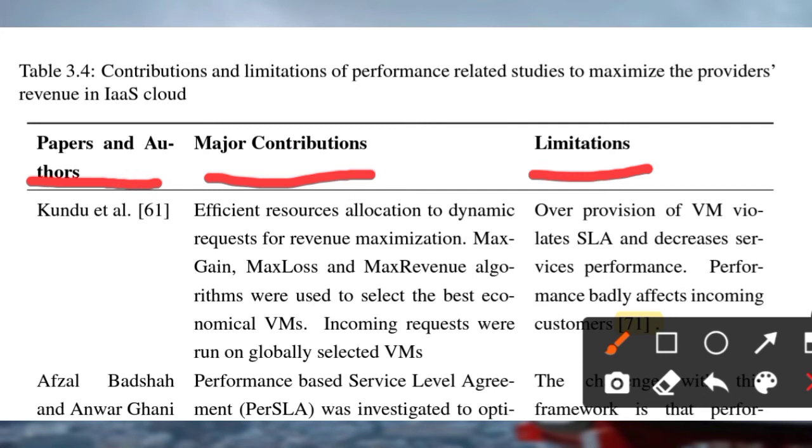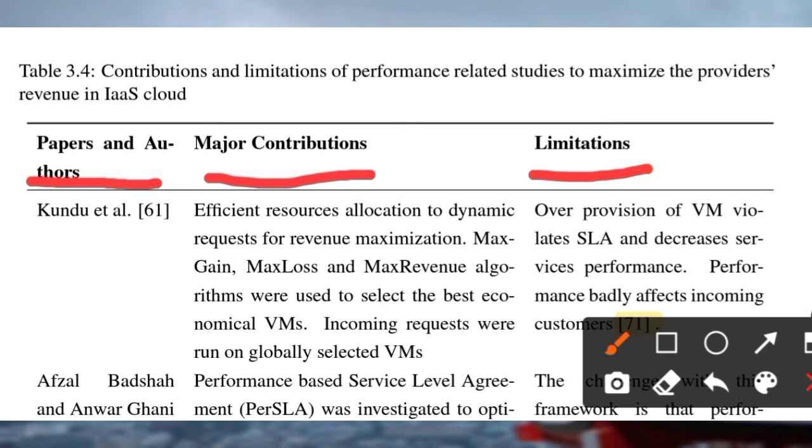You can create columns for the papers, the methodology used, the major contribution, the limitations, the year of research conducted, the simulation used, outcomes, results, etc. If you put all the data about the papers you review in this file, then you can use this file later in your other review papers, your other literature, or your other research papers.